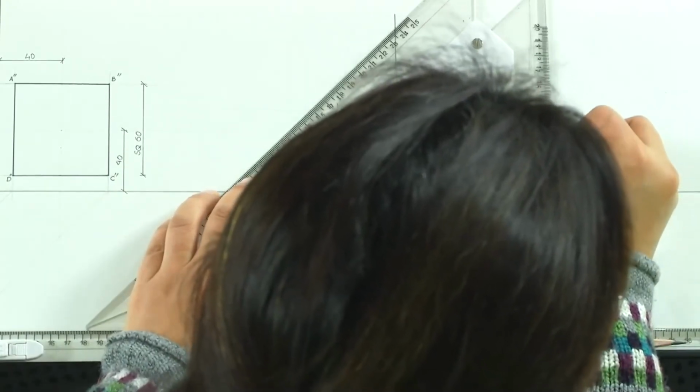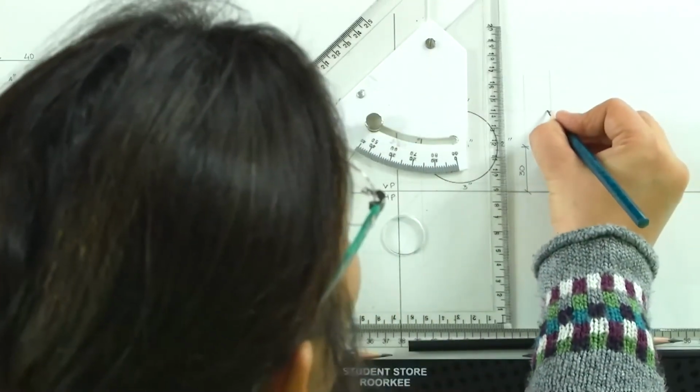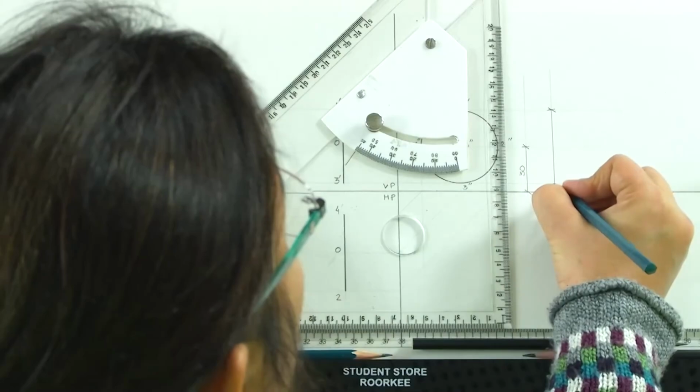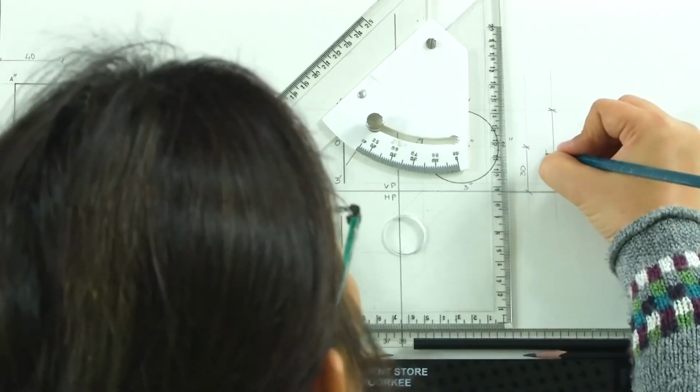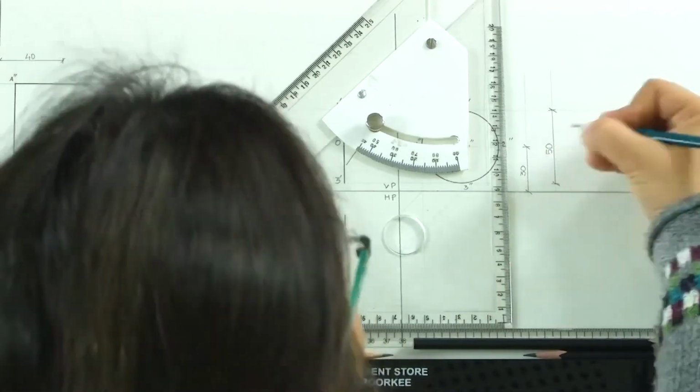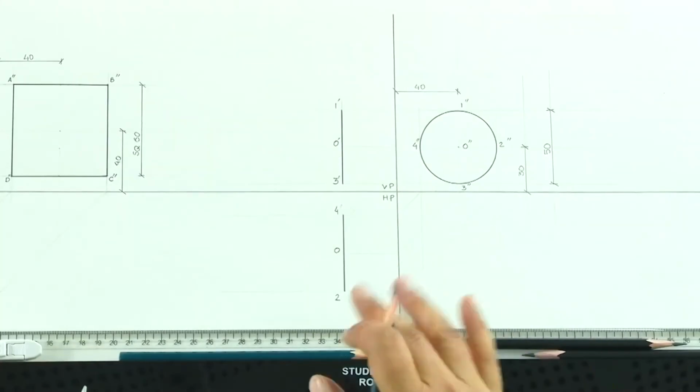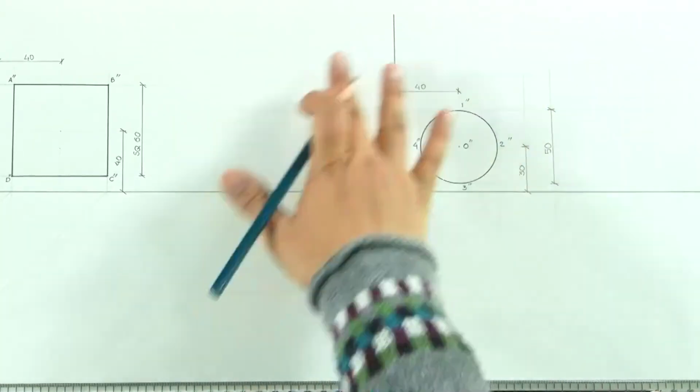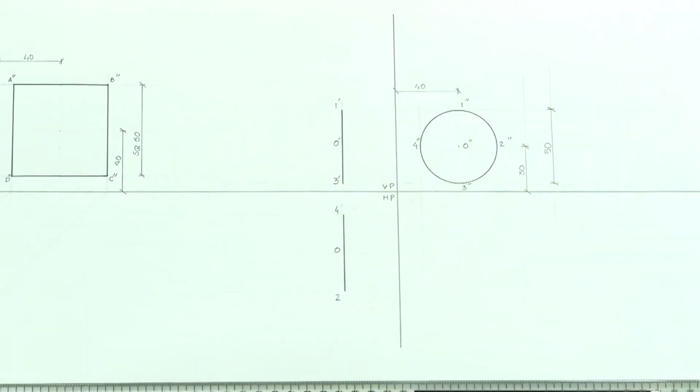So, we have to represent or dimension the diameter as 50. This is the final drawing for this question.